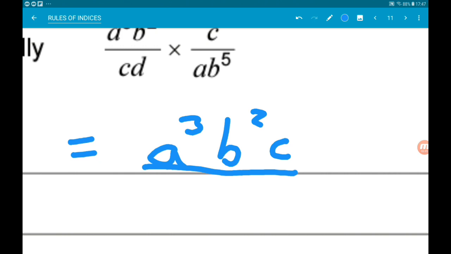So we're going to have a b to the power 5 cd.